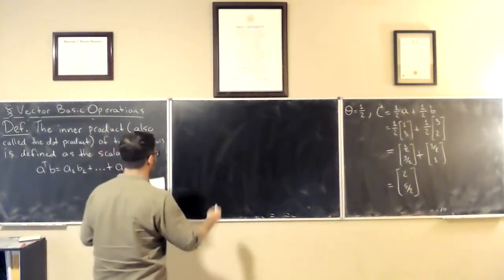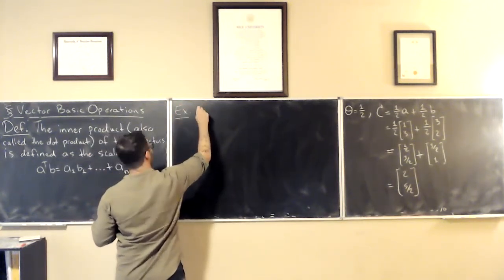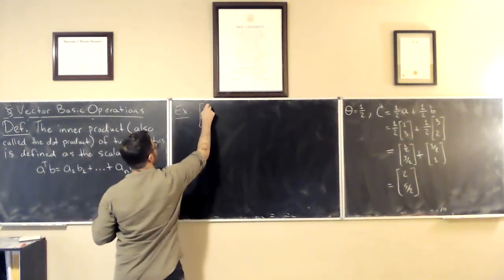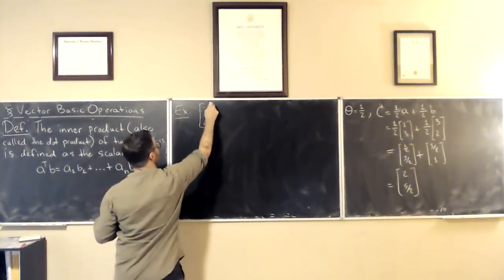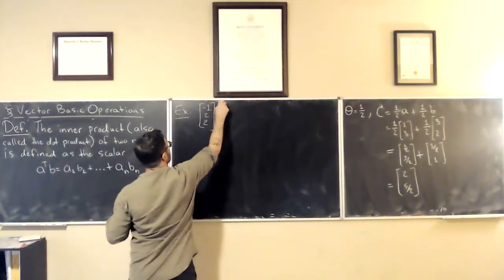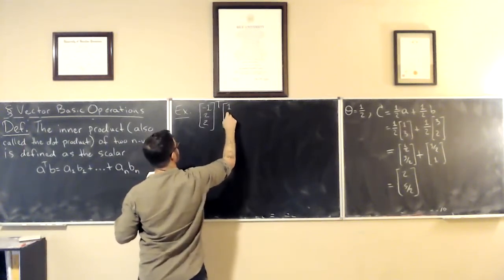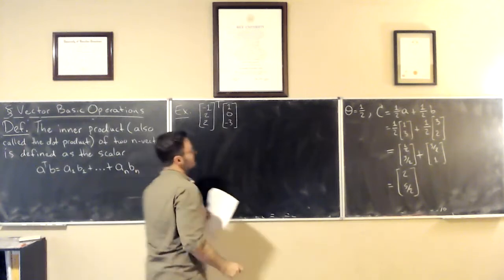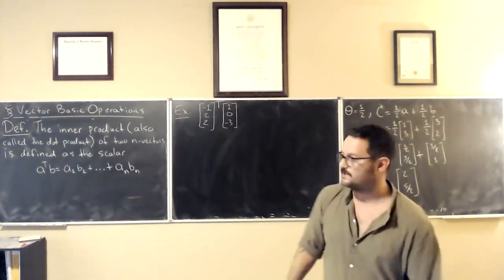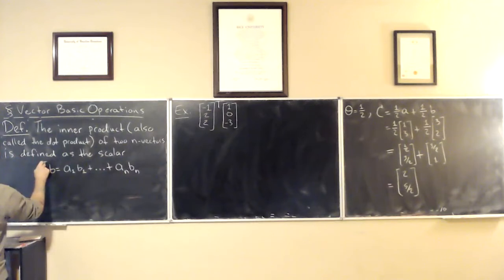Let me just go ahead and give you a worked out example. And that capital T that I keep on drawing, we will come back to what that means later in a section down the road.